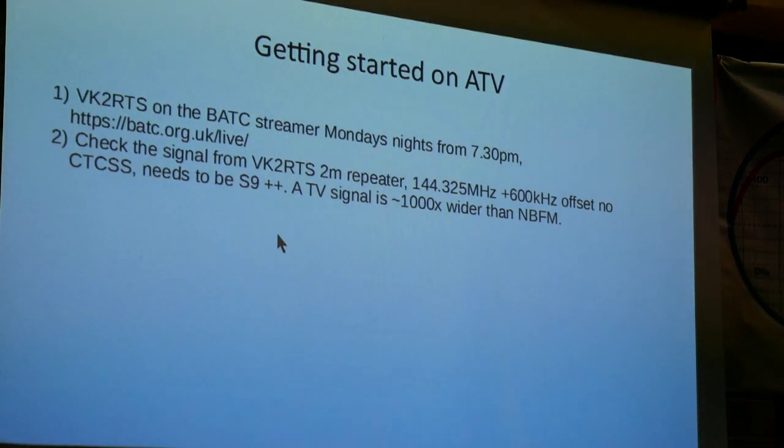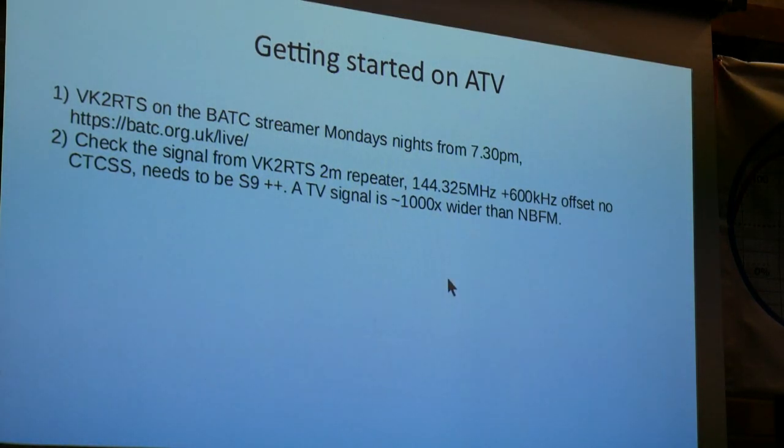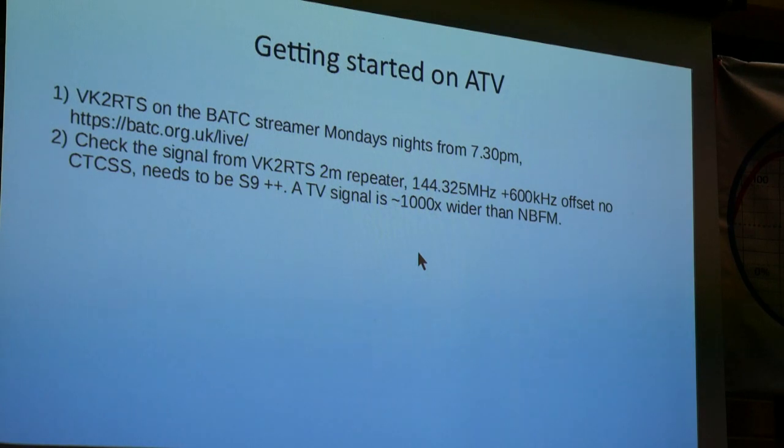You've got to be getting S9++, or you've got no chance with a TV signal, because it's typically 1,000 times wider than narrowband FM, so you've lost 30 dB straight away. Right, so that was a good guide. If you can get that really well, then you know you're in with a chance.